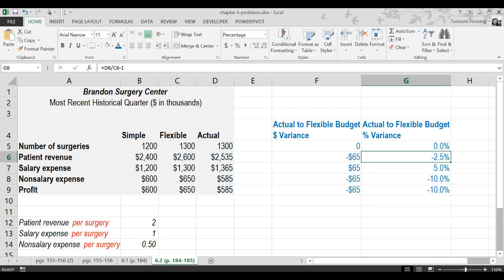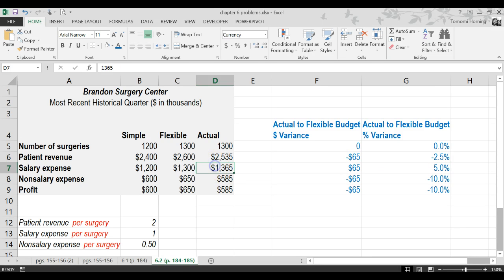This results in a 2.5% negative variance, meaning that we came under our projected patient revenue amount by 2.5%. So this would be an unfavorable variance because we're dealing with patient revenues. Anytime you perform under or less than what you had budgeted, that would be unfavorable.